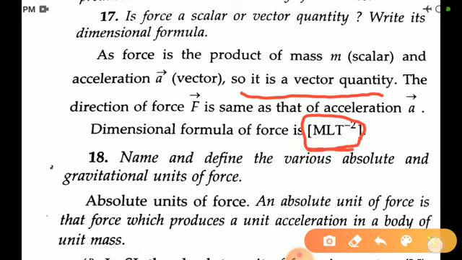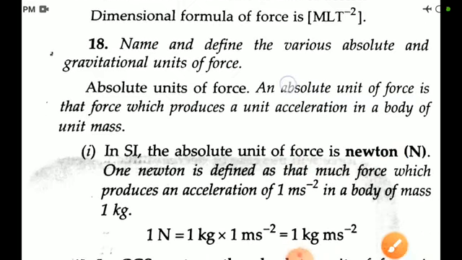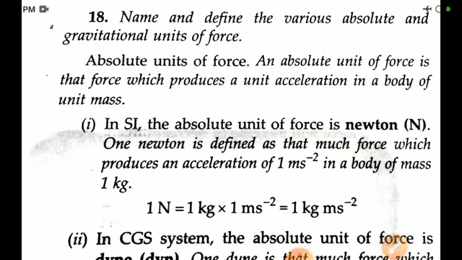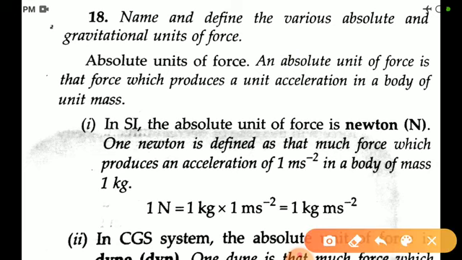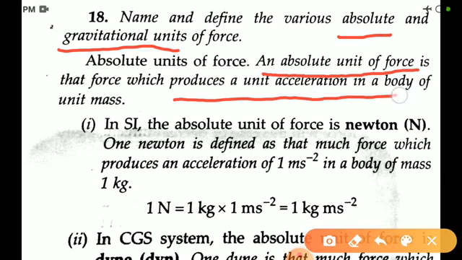Now we study the units in which we can measure the force. The force can be measured in two types of unit, that is absolute unit and the gravitational unit of force. Now what is the absolute unit of force? The force is said to have the absolute unit if that force produces a unit acceleration in a body of unit mass.